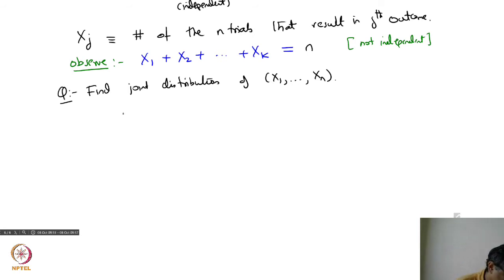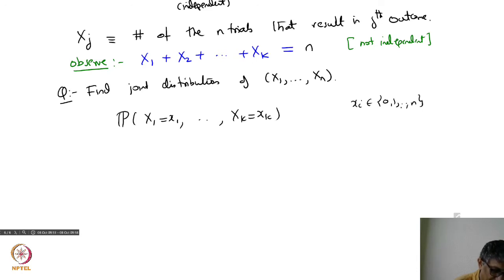So now, what do you want to do? You want to find the chance that X1 is equal to x1, and so on, and Xk is equal to xk. Each of the xj's can take values from 0, 1 up to n, and you have one condition that the sum from j equal to 1 to k of the little xj's adds up to n, because there are n trials.